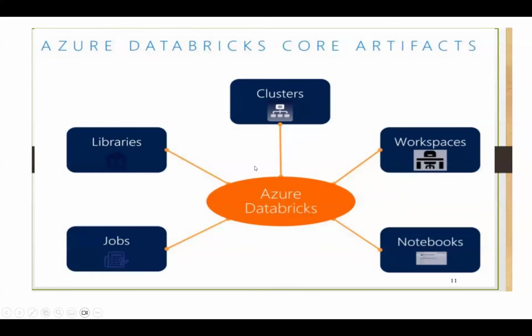And one more thing is, you can see the library section. Why do we require this library section? The library section is needed if any of the Databricks existing functionality is not able to achieve some of the goals or perform some of the transformations.